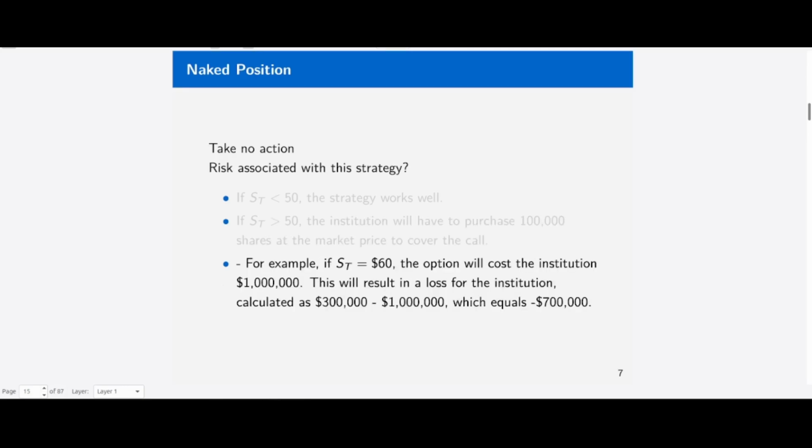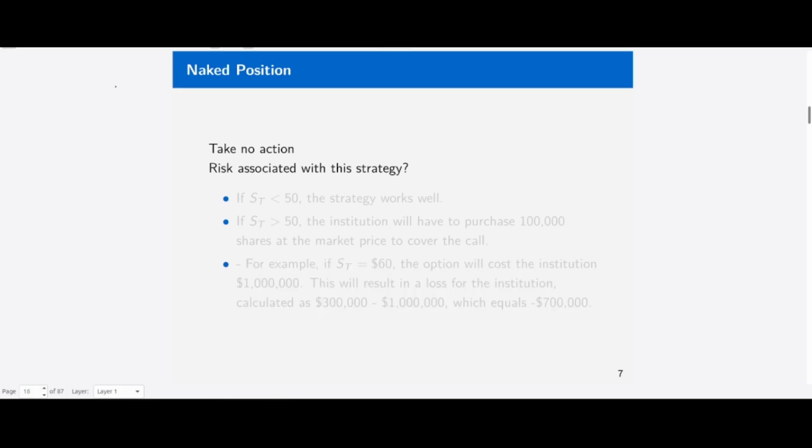So in this case, this will result in a loss for the institution. For instance, if the price at maturity is 60, the position will cost the institution this amount. This will result in a loss calculated as the difference between this and this. It will be negative $1,700,000, which is very huge.